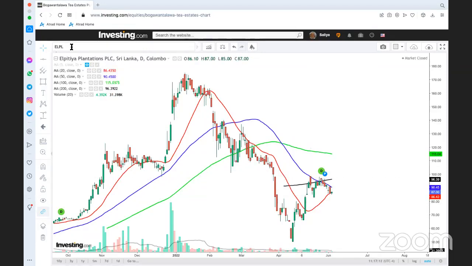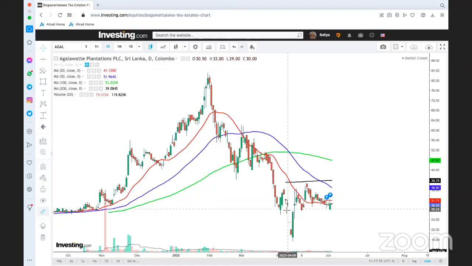Then let's move on to Agalavatta. Agalavatta has broken above the 20-day moving average, but again is testing a key support area, that is 2780, and the close of 27 rupees. So the 2780 to 27 rupee area could be tested.